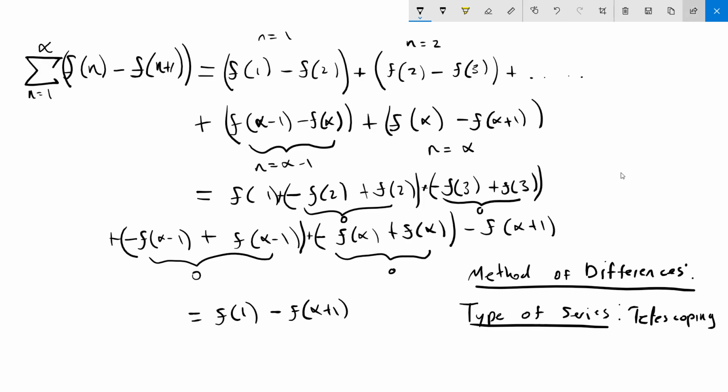Okay, so let's continue on. Let's make a new page. I'll just get rid of everything on this page. Okay, so let's try a specific example. Let's try to find the sum of the series 1 over n minus 1 over n plus 1.